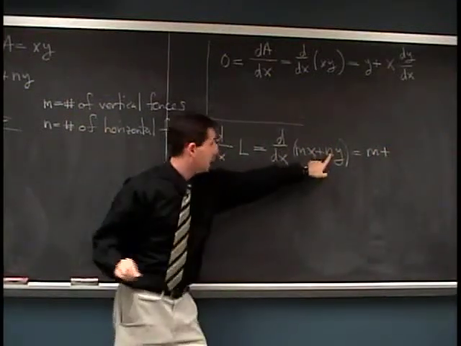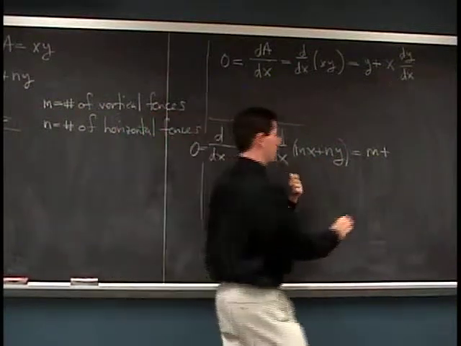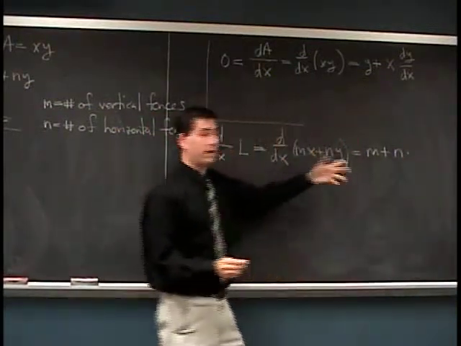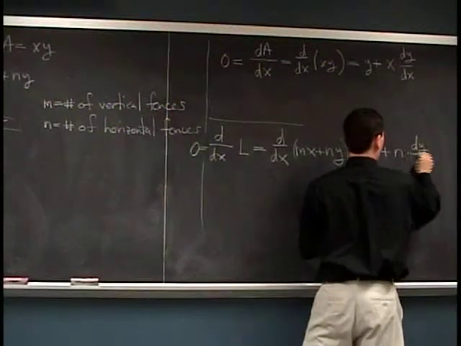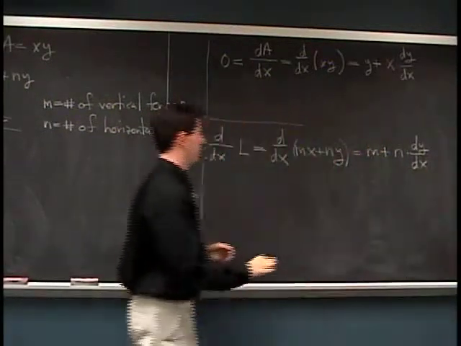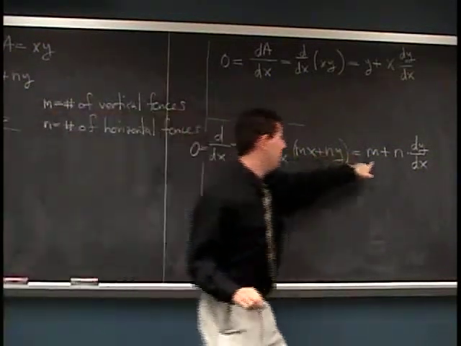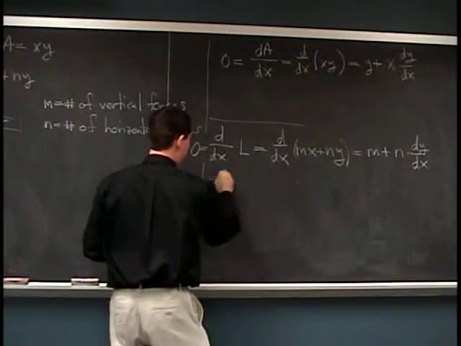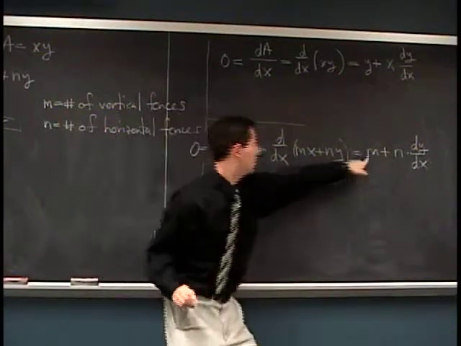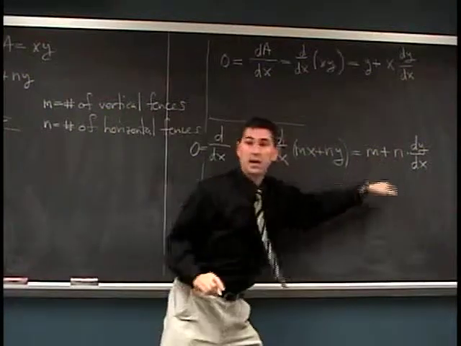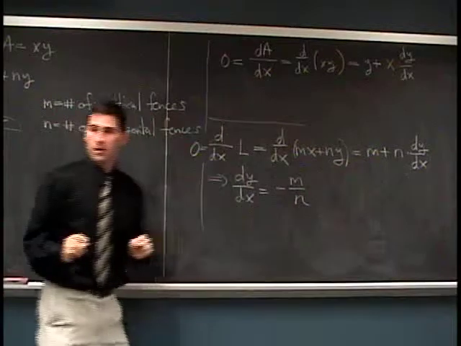And n again is a constant, so the derivative of ny is going to be n times the derivative of y, right? It's just dy dx. Okay, so 0 is equal to m plus n dy dx, which implies that dy dx equals, subtract the m, divide by n, minus m over n.